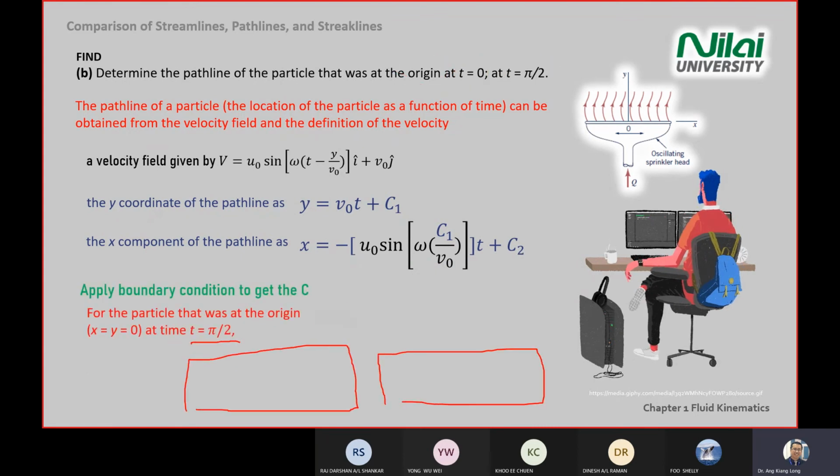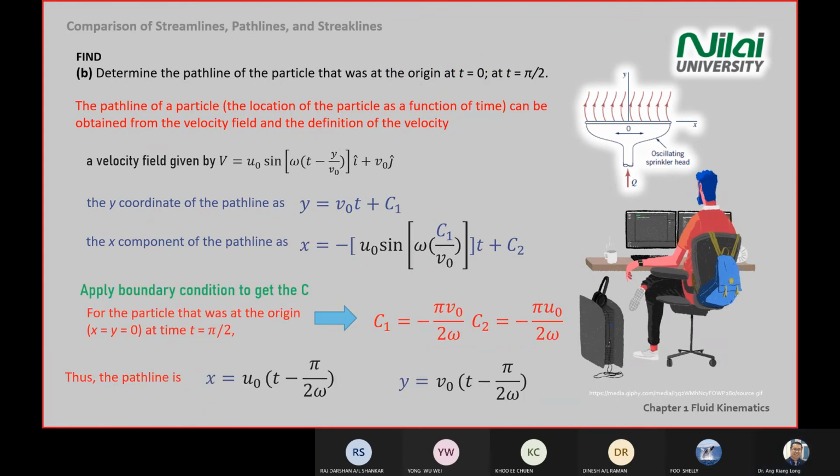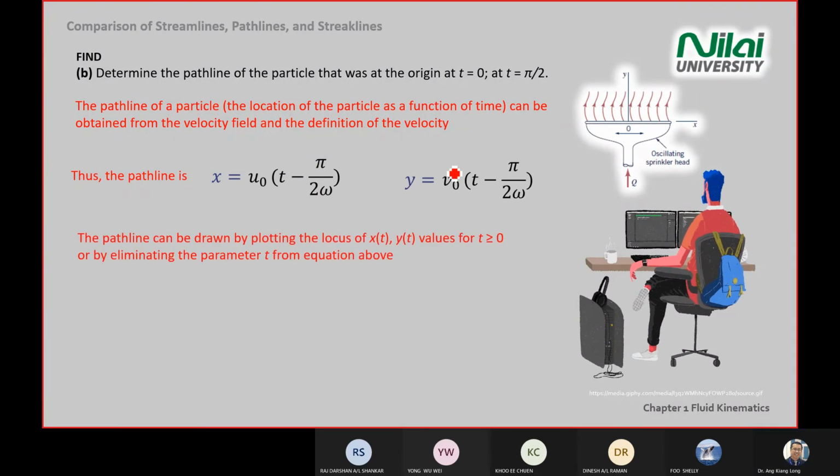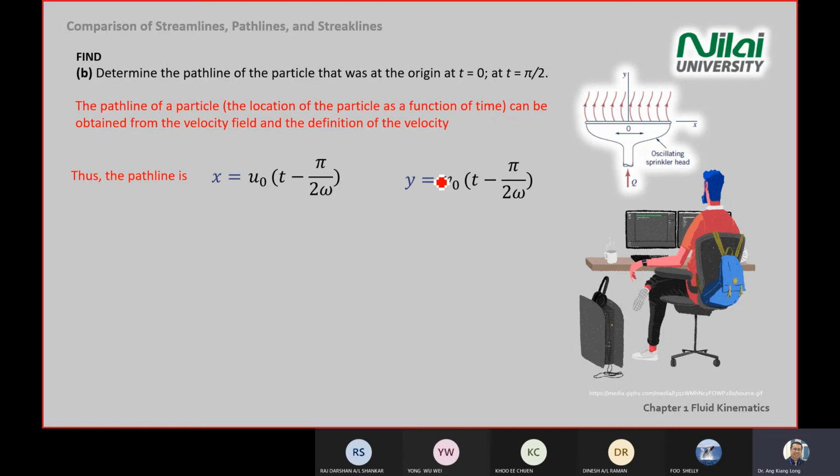So for B, you have four equations. Let me go a bit quick. For the path line, you have two equations, so you can also plot using the method that I just showed you. You just key in x equal to something minus something.